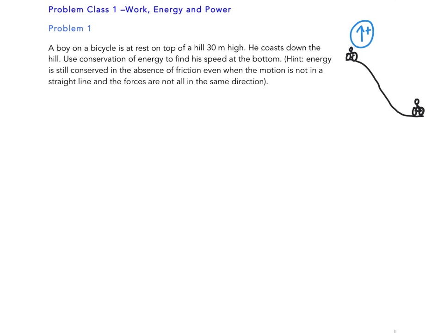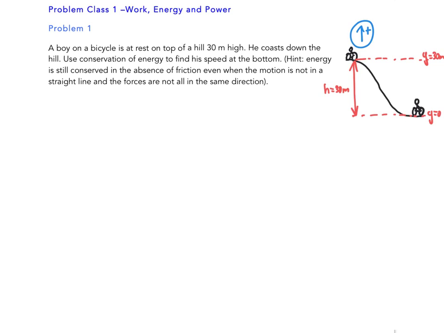Now, there's a vertical height between these two. We can set this to be arbitrarily y equals 0 here, and that would make this y equals 30 meters up the top. So he's going to be displaced, and we'll say h equals 30 meters.